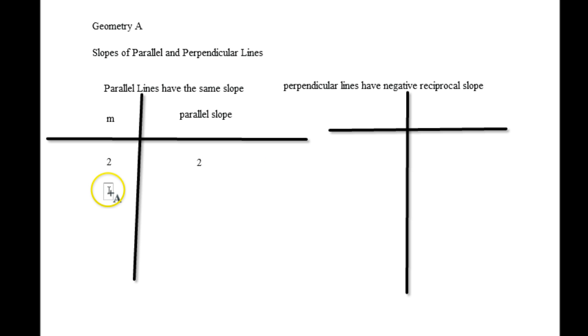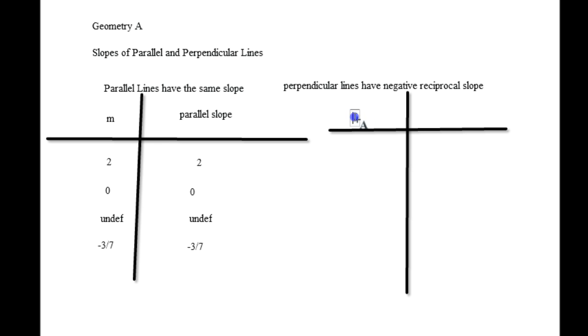If my regular slope is 0, my parallel slope is 0. If my regular slope is undefined, then my parallel slope is undefined. Okay, and if my regular slope is negative 3/7, then my parallel slope is negative 3/7.